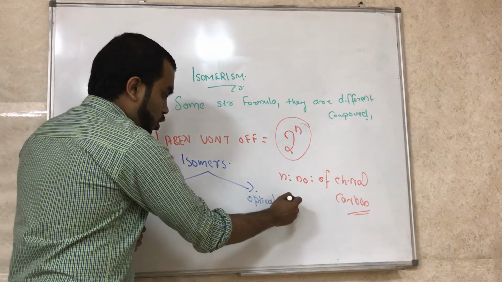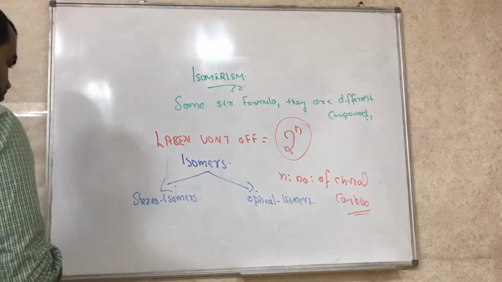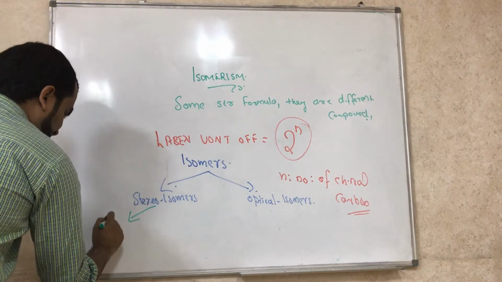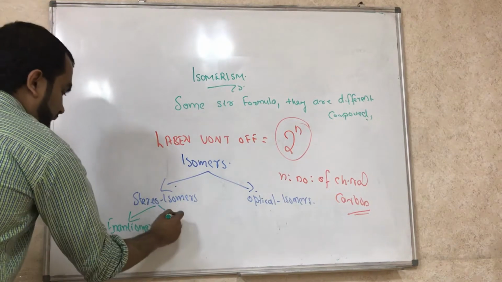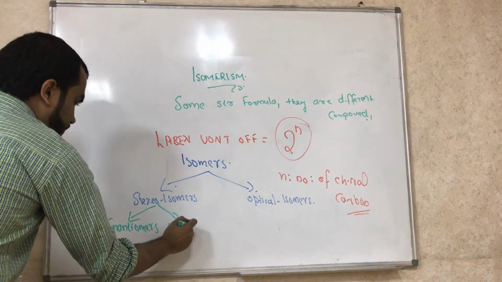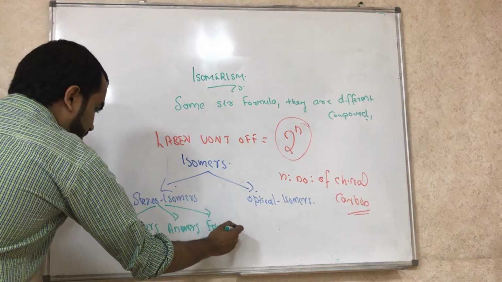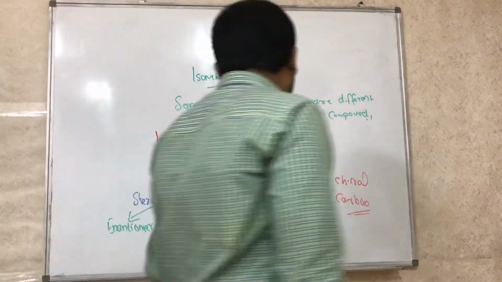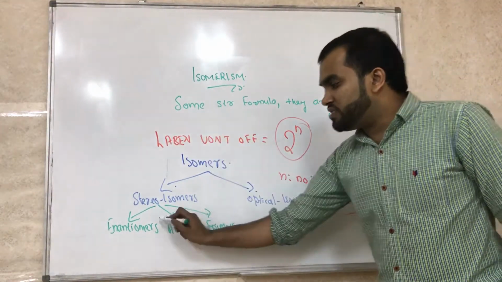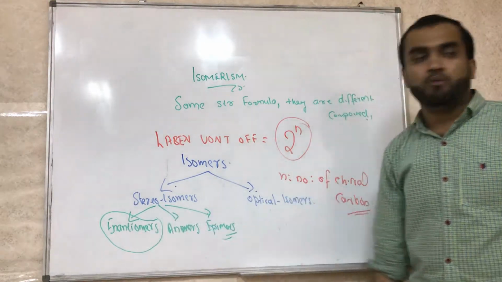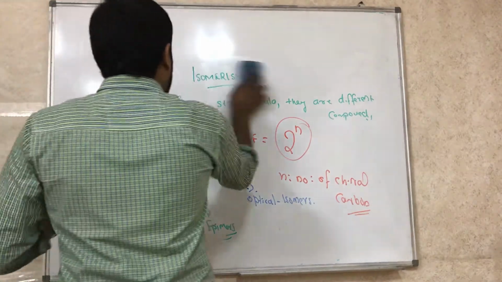Stereoisomers are again divided into enantiomers, anomers and epimers. Then we have optical isomerism. This is the classification of isomerism. First we will study stereoisomerism, and out of that, first we will study enantiomers.